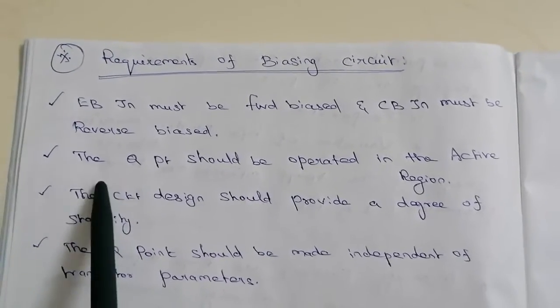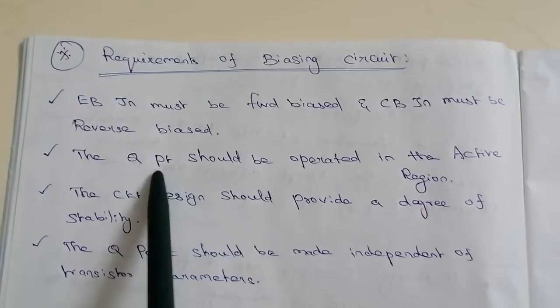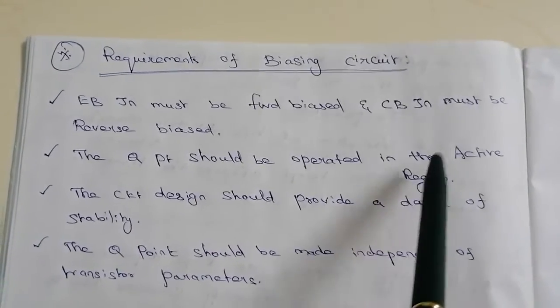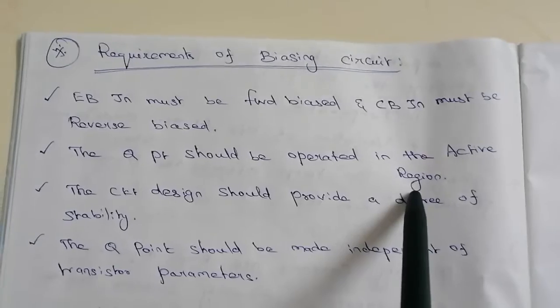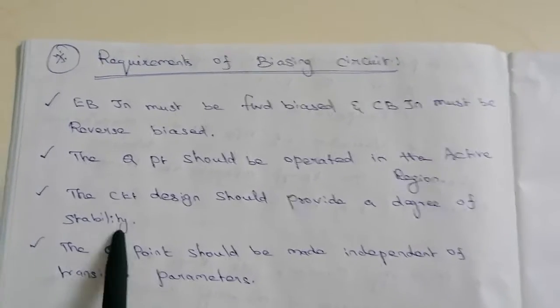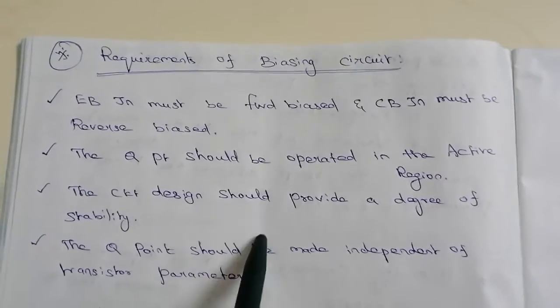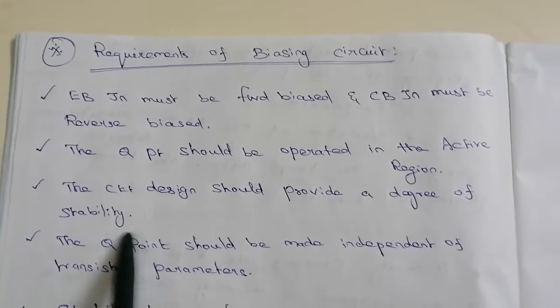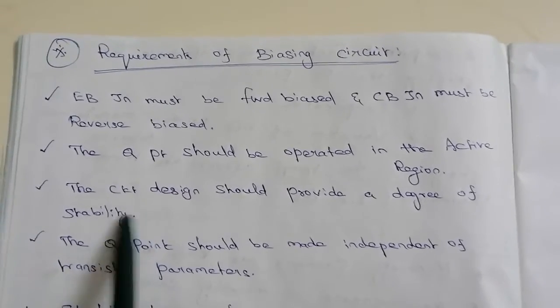And the second point is, the operating point or Q point should be in the active region, that is the middle of the DC load line. Third one, the circuit design should provide a degree of stability, that is, the Q point should be stable. That is the meaning of this line.